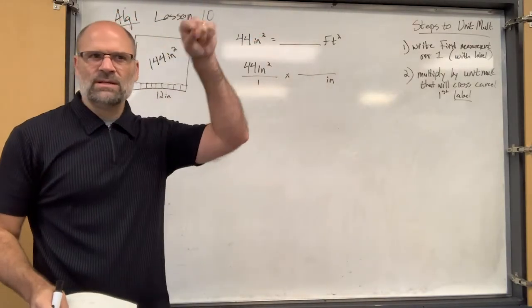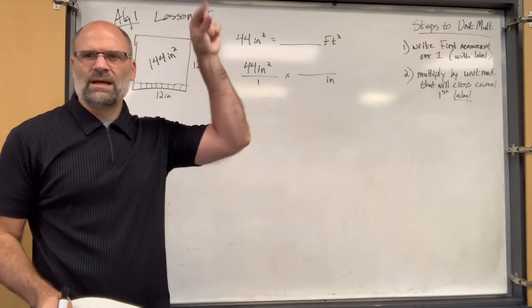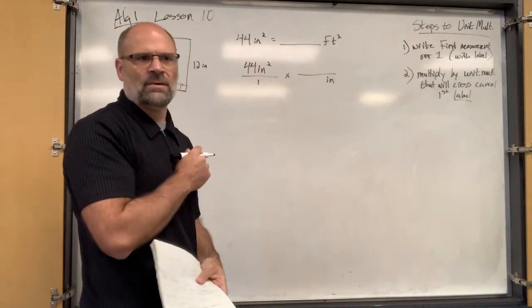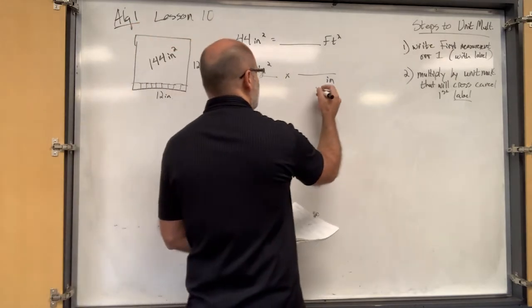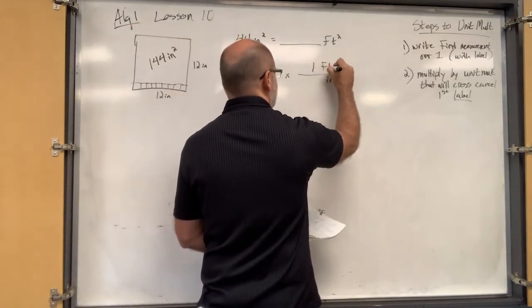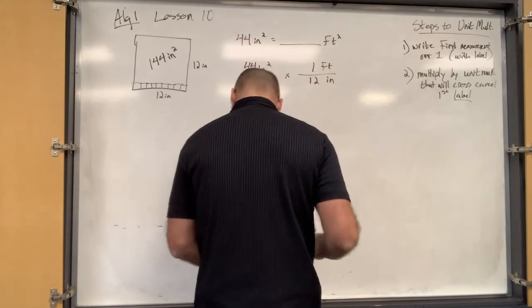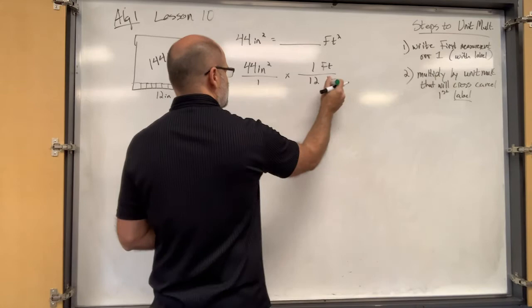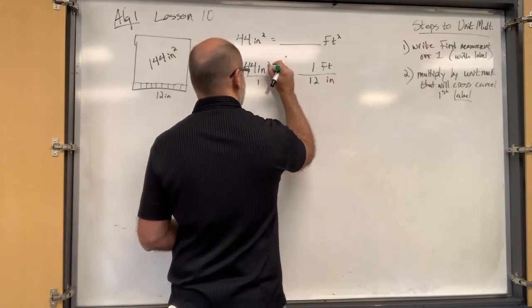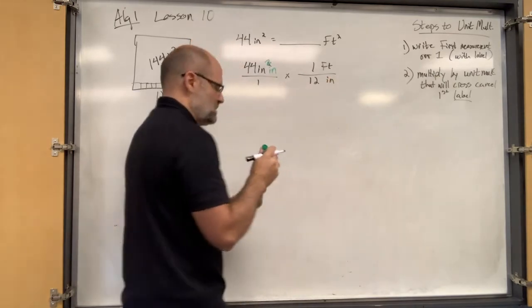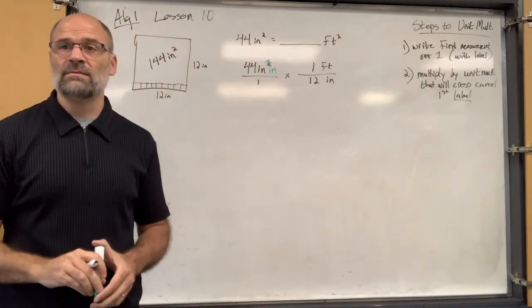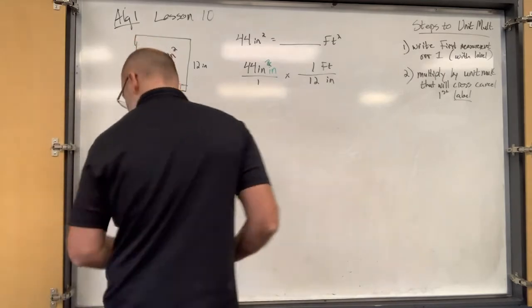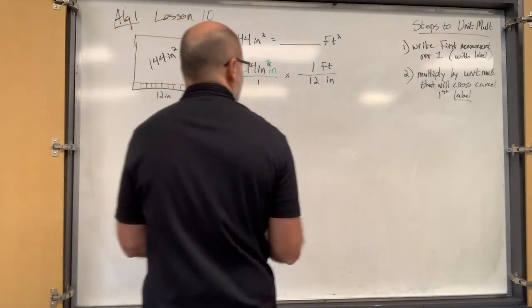Remember that square means it's times itself, so x squared is like x times x, right? Well, this is just inches times inches. Okay, so when you multiply by, let's see, it'd be 1 foot over 12 inches, it's just going to get rid of one of them. So that squared can be like 44 inches times inches, because inches squared is like inches times itself. So this only cross cancels one of them, right?